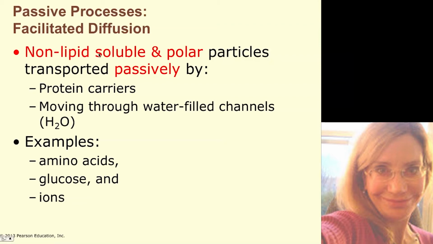So they will go from an area of high concentration to low passively, but they're going to be carried by protein carriers, or they can move through a water-filled channel. Examples of these substances would be amino acids, glucose, and various ions, charged particles.